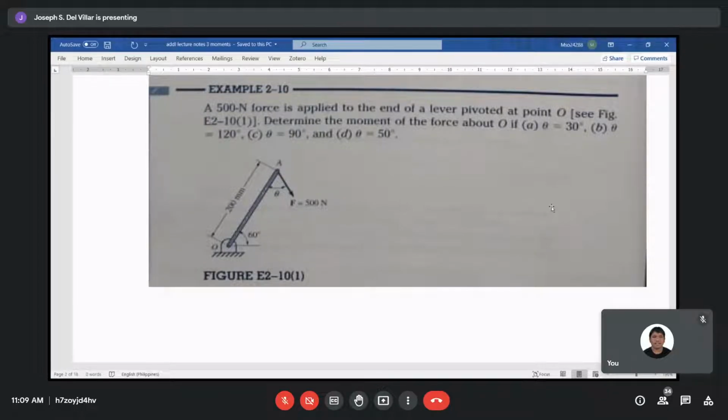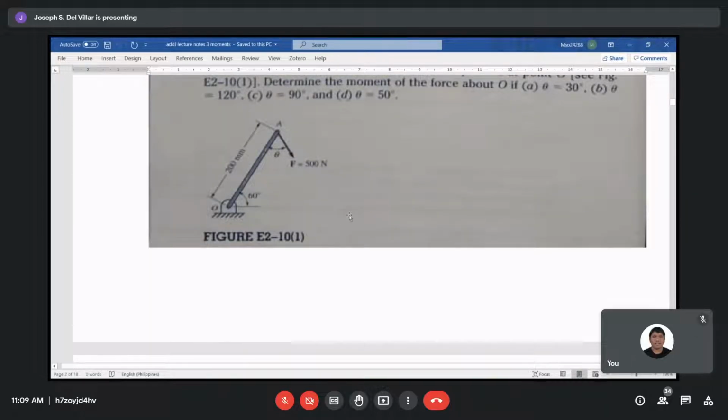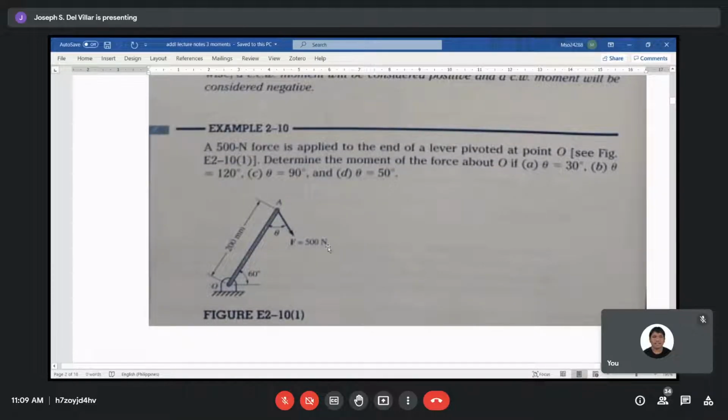Okay? So in letter A, if the angle is 30 degrees, then you need to find the components of the 500 Newton force. Okay? So you need to get the X and Y components of the 500 Newton force. So if this is 30 degrees, ito yung kanyang components. Diba?